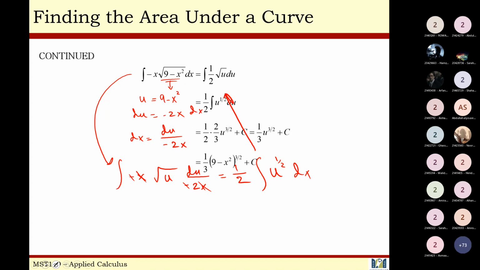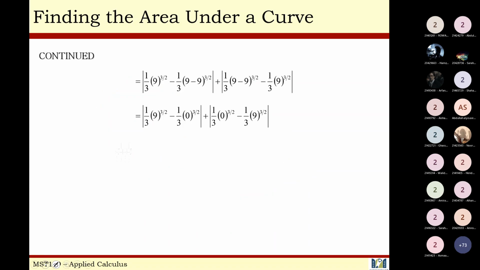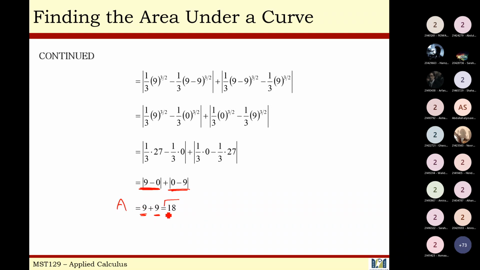After the substitution, now we need to substitute the limits negative 3, 0 and 3. We can find it by substituting negative 3 and 0. The first area equals 9, the second area equals 9, so the total area equals 18. Okay, so this is an easy application to find the area by using substitution.